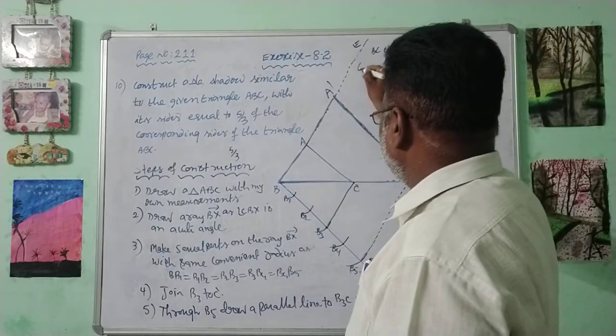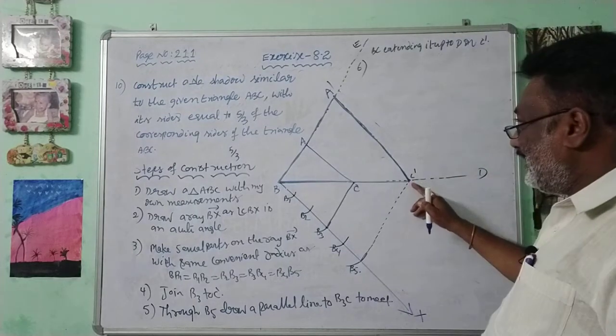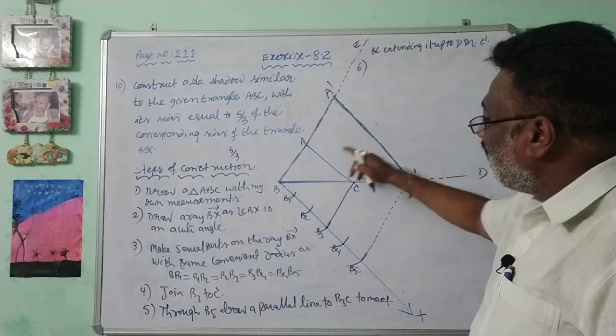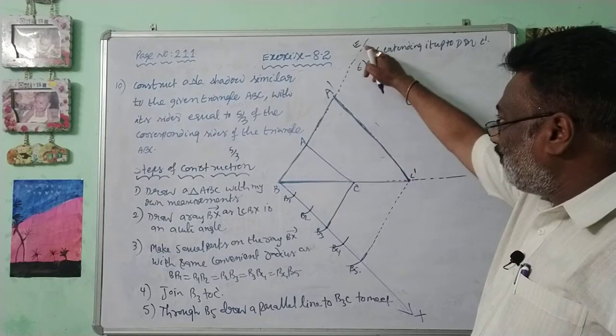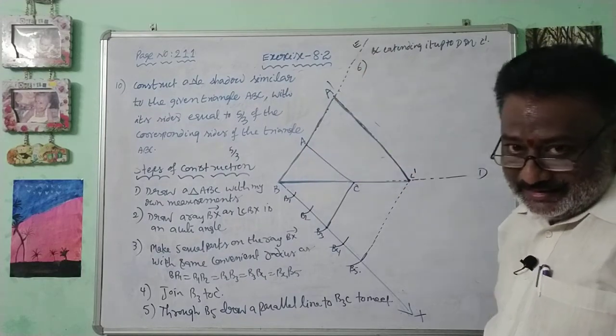Next step, sixth one, through C dash one more parallel line we are drawing to AC to meet BA extending up to E in A dash.